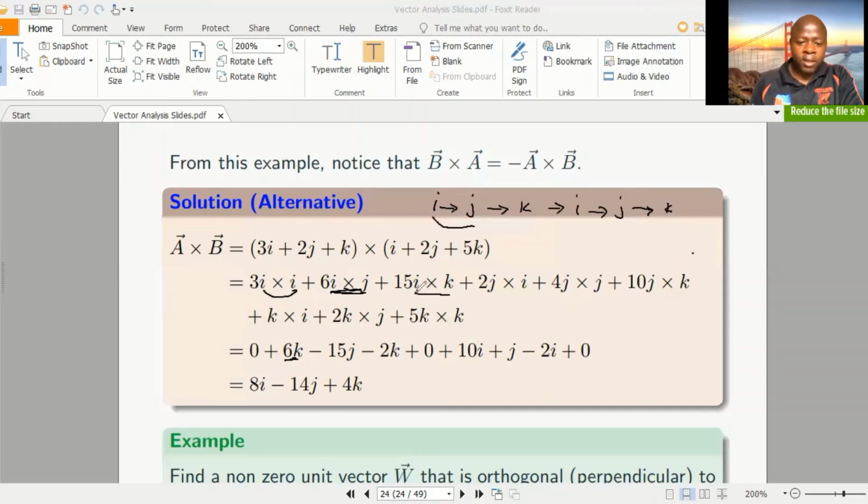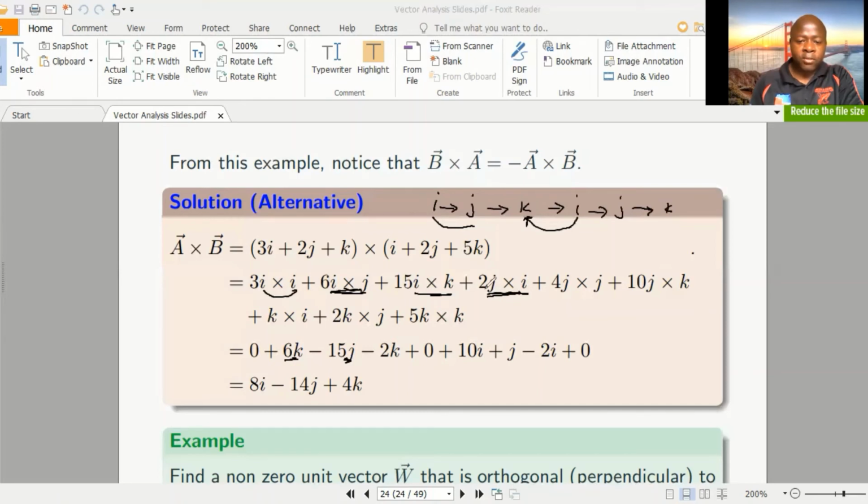What about i cross k? i cross k is this direction. So the result is negative j. Negative j. So negative j times 15, that gives negative 15j. And then this j cross i, the result is negative k.